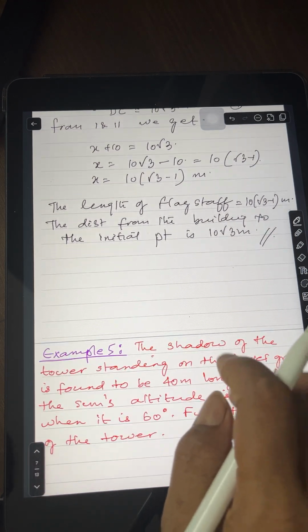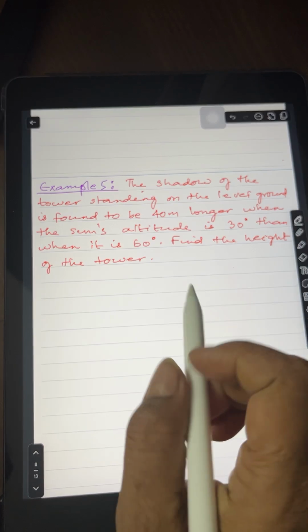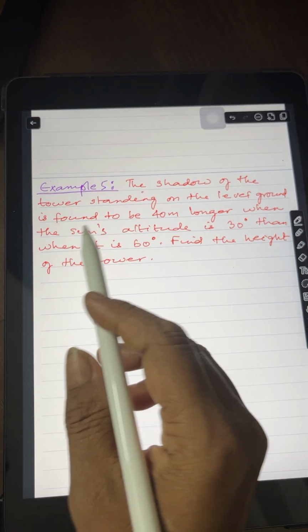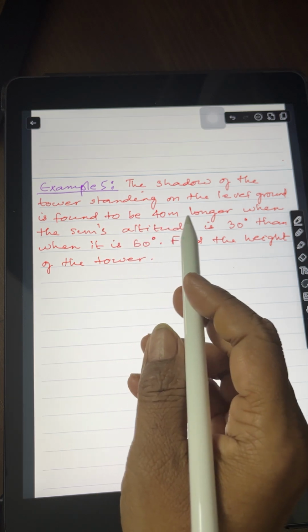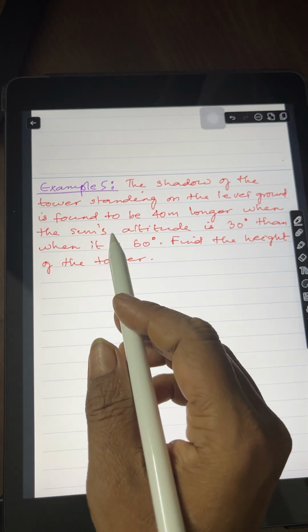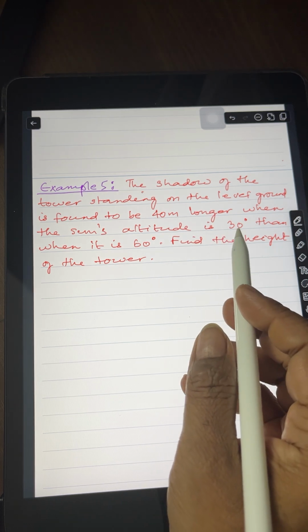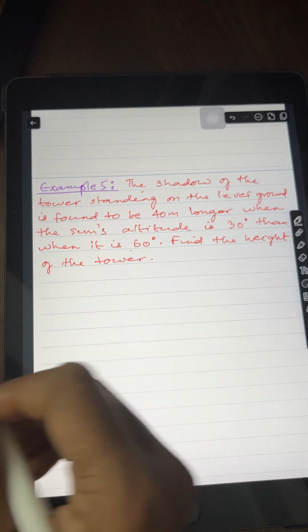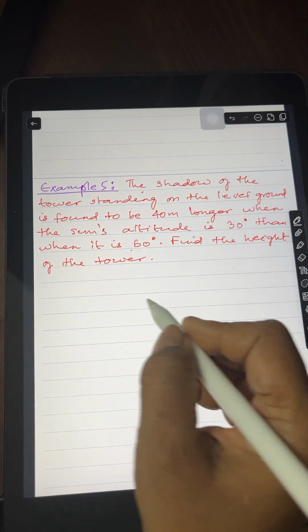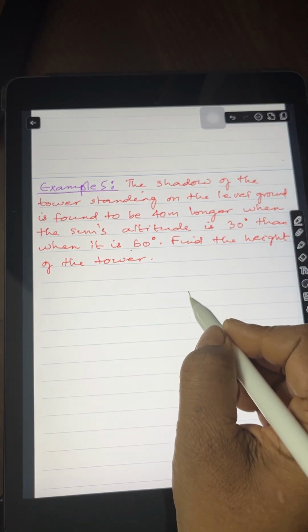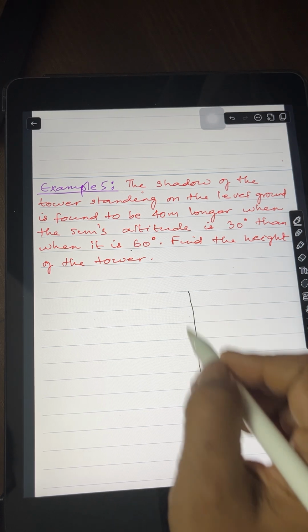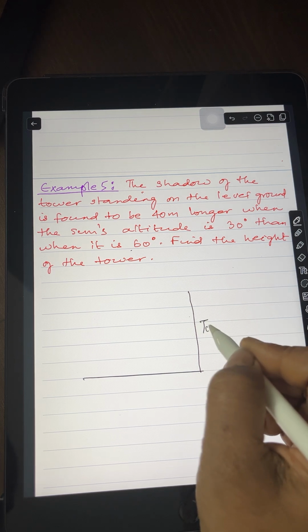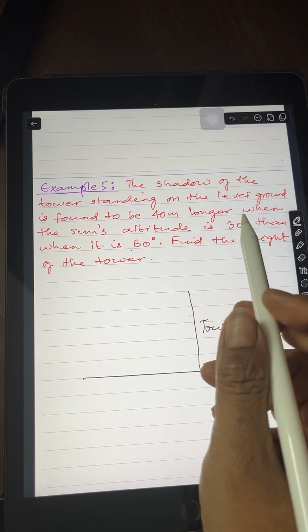The next one. The shadow of the tower standing on the level ground is found to be 40-meter longer when the sun's altitude is 30 degree than when it is 60 degree. Find the height of the tower. Now suppose the tower is here and the shadow of the tower is this. Understand it clearly.